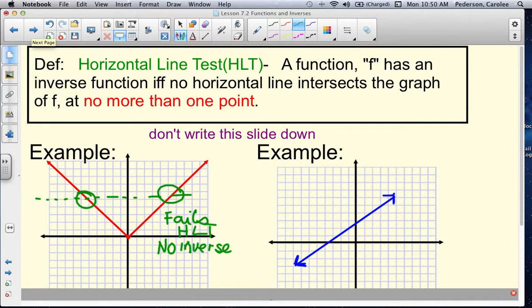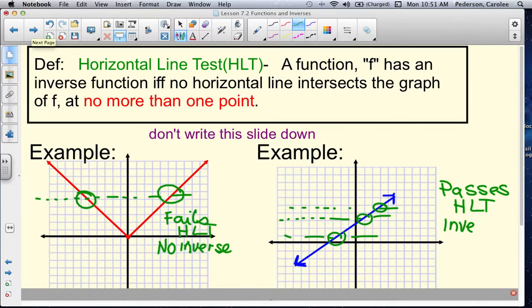Now the blue is what we're going to see more of in our next example, where if we were to create horizontal lines, this imaginary line touches once, touches once, touches once. So this example passes the horizontal line test. So what that means for us is we can have an inverse.